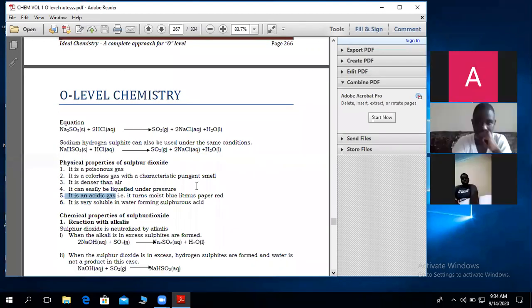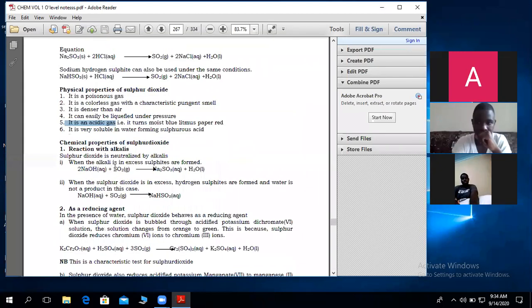Now, sulfur dioxide being an acidic gas, it can react with sodium hydroxide, because sodium hydroxide is a base. I think you studied acids and bases in senior 2. So sodium hydroxide is a base or an alkaline solution, and it reacts with acids. So it can react with an acidic gas, sulfur dioxide, for the same reason it reacts with carbon dioxide.